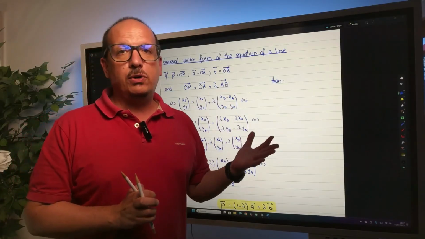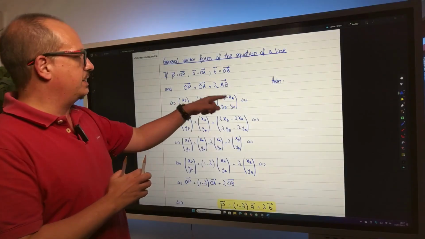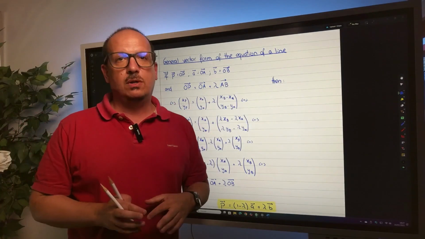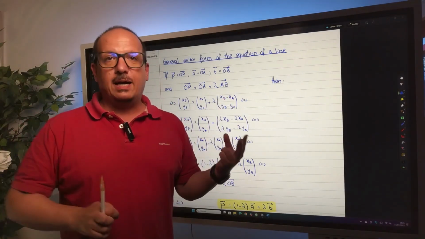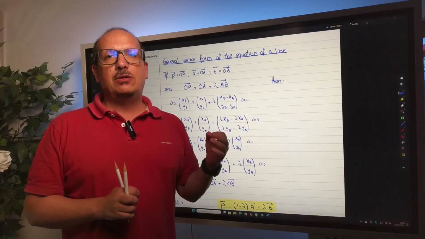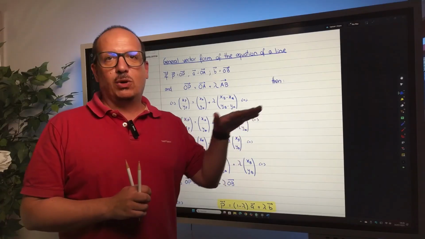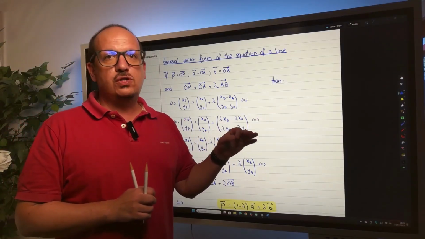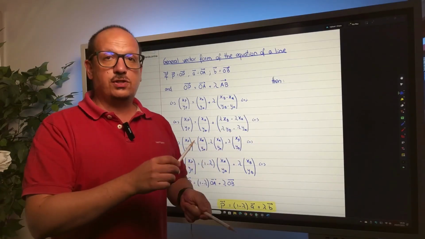And what are you going to calculate with these 3 simultaneous equations? Don't forget that all of these are numbers. You are just trying to calculate lambda 1 and lambda 2. So how many equations do you need? You only need 2. So pick any 2 and find the values of lambda 1 and lambda 2. And then what? You still have the last equation that you can use to test if the lines are concurrent or skewed.